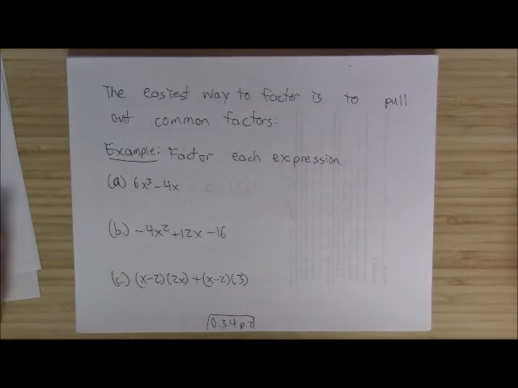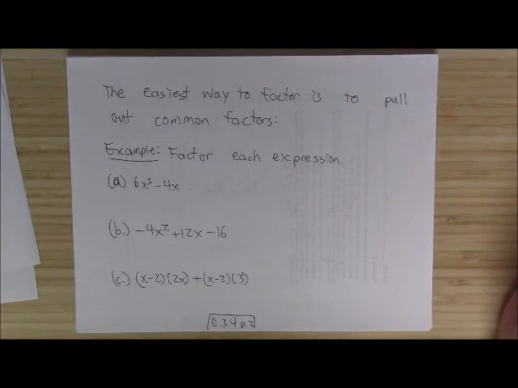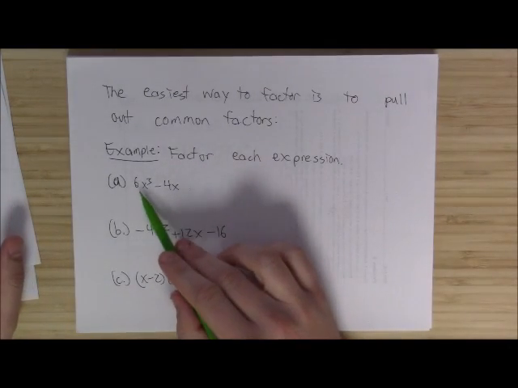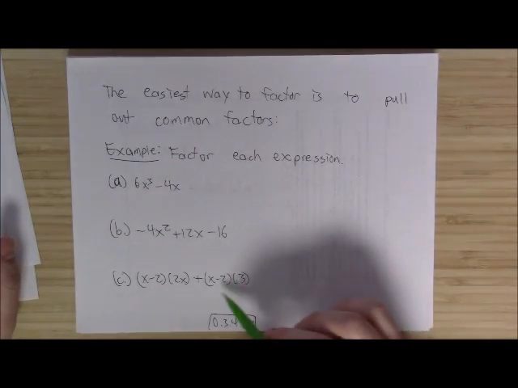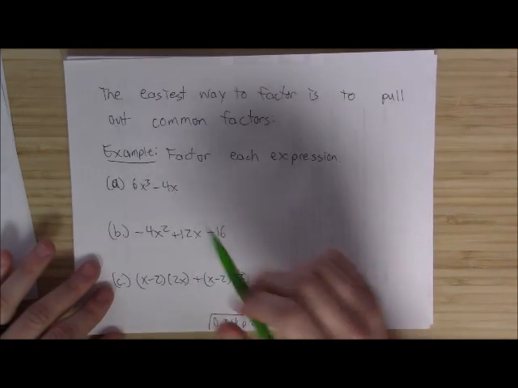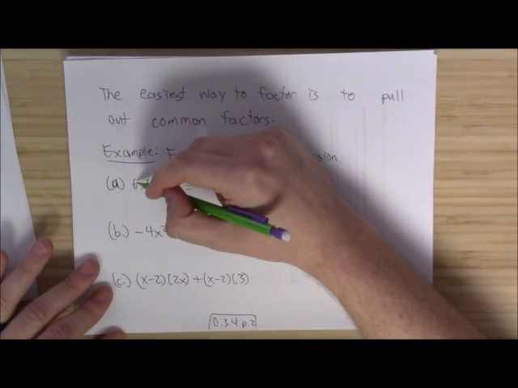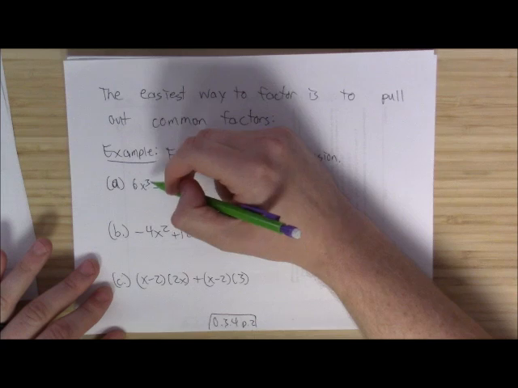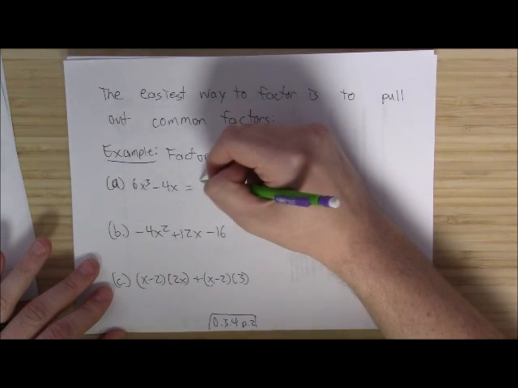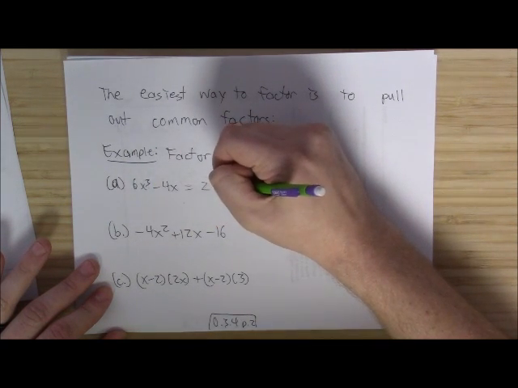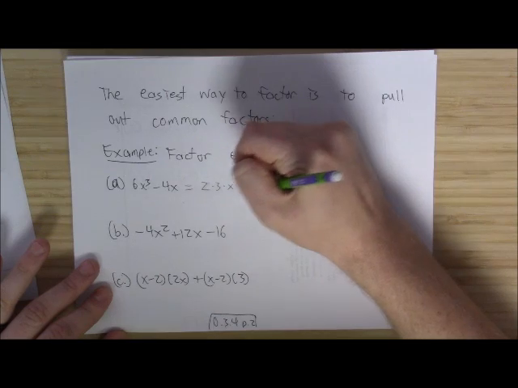To start working towards factoring, the first thing to notice is that the easiest way to factor is to pull out common factors. The easiest way to do this is by considering all the different factors of each of your terms. Here, the factors of 6x cubed are 2, 3, x, and x.